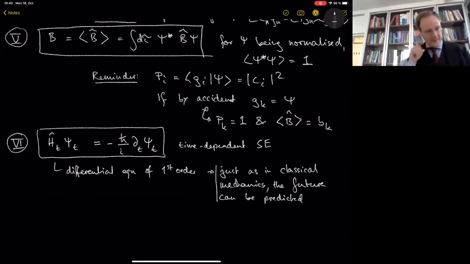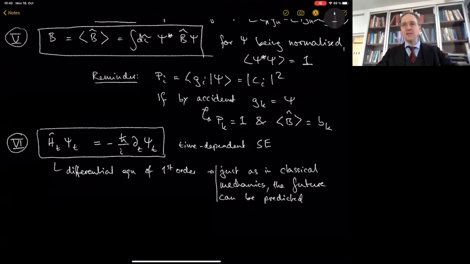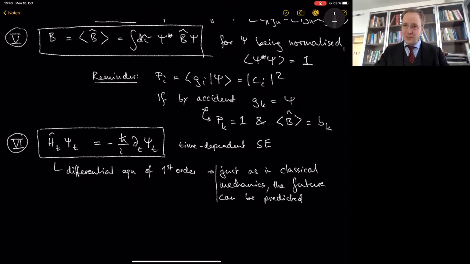What is the difference is that we don't predict the future of individual particles, but rather we predict the future of our probabilities, right? So imagine the probabilities we discussed for the particle in the box. Now you add a time-dependent term to the Hamiltonian of your particle in a box, let's say an oscillating field, right? Then you can predict how these probabilities of your particle in the box will change with the time that affects the field you are applying here, right?